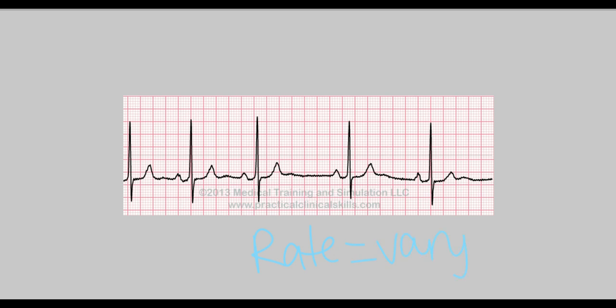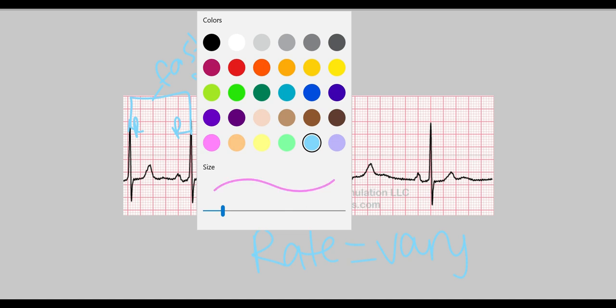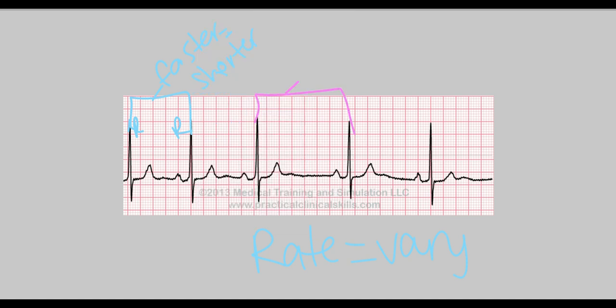When we look from this R to another, it's going to be faster because it's shorter. But here, it's going to be slower in this region because the distance is longer.